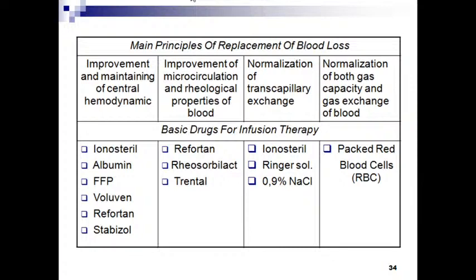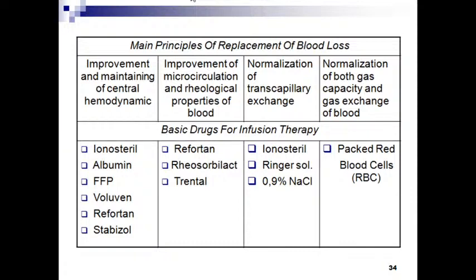Second principle, improvement of microcirculation. We can use such drugs as Reosorbilact, Trental, or Refortan. They decrease viscosity of blood and improve circulation of blood in capillaries. Next principle, normalization of transcapillary exchange.